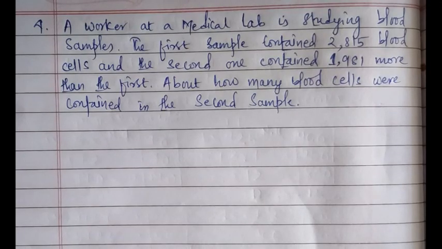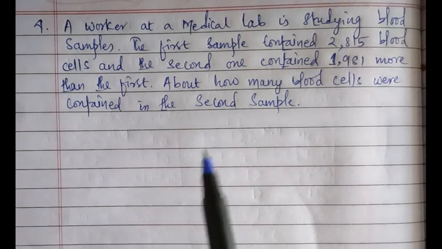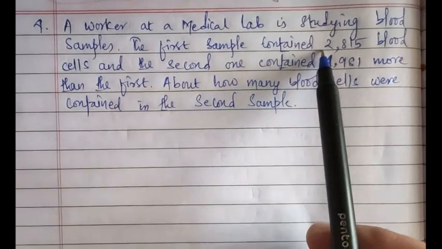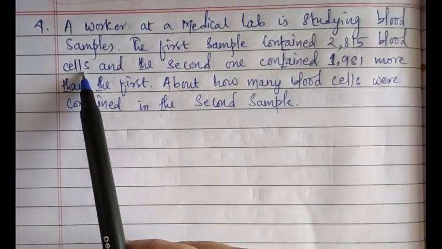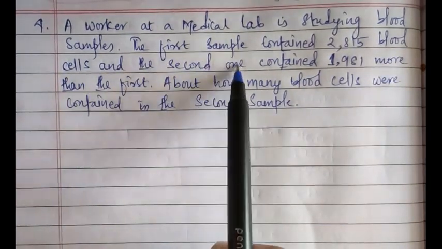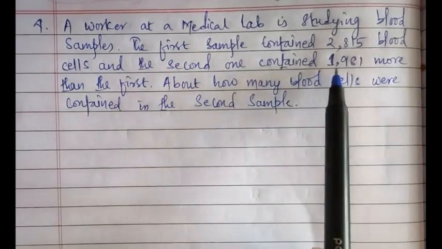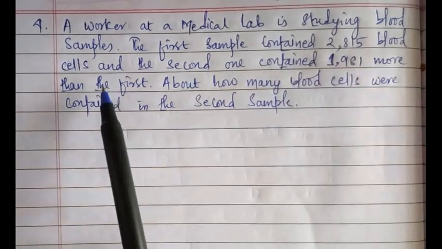Here we have the next question, question number 4, and this will be your last question from self-practice 3H. All right. So the question states that a worker at a medical lab is studying blood samples. The first sample contained 2815 blood cells and the second one contained 1981 more than the first.